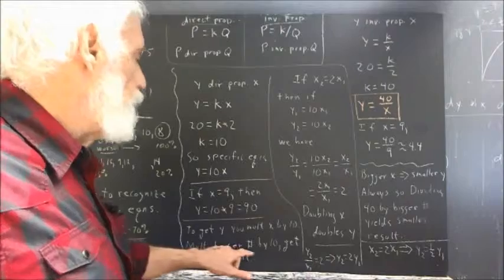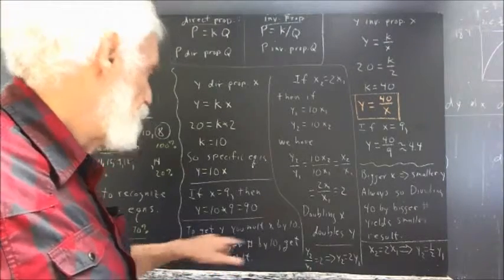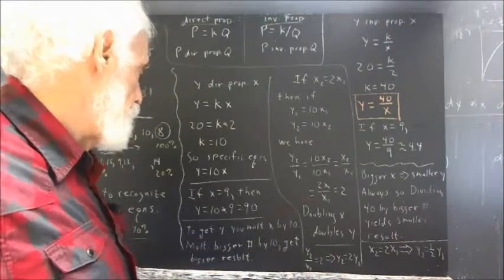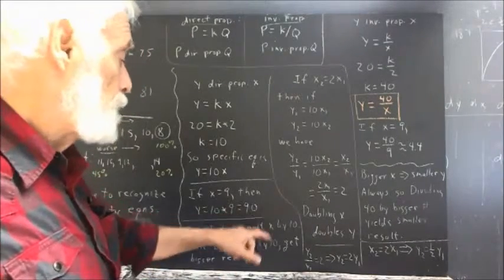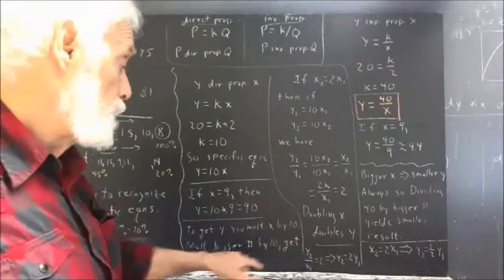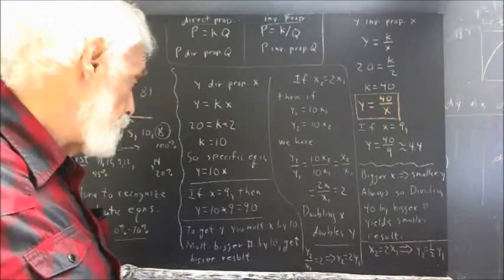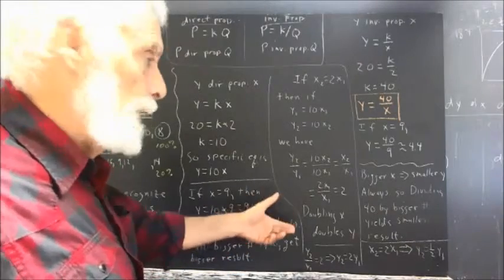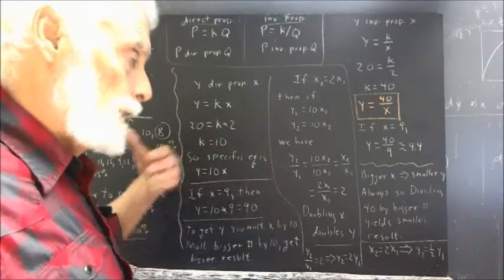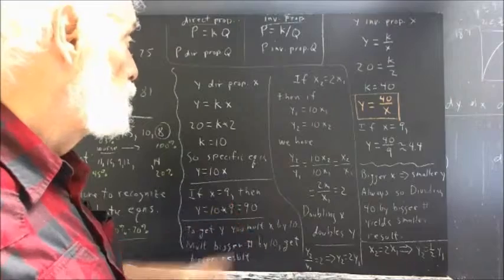If you multiply a bigger number by 10, you're going to get a bigger result. So if X gets bigger, you're going to be multiplying a bigger number by 10, you're going to get a bigger result. And in fact, if you multiply a number twice as big by 10, you probably are going to expect to get twice the result.